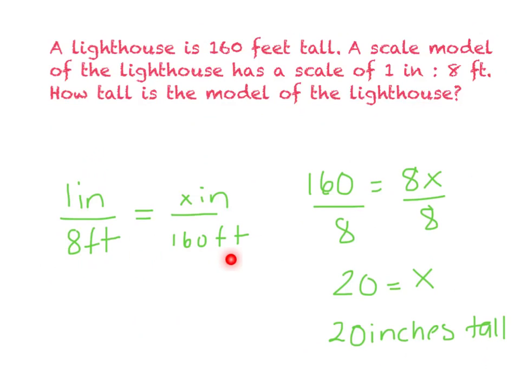So we're told that it is 160 feet tall in feet, but we want to know what the model is going to be in inches. So again, we cross multiply and get 160 equals 8x. Divide each side by 8 to get x alone, and x equals 20. So the lighthouse is 20 inches tall in the model.